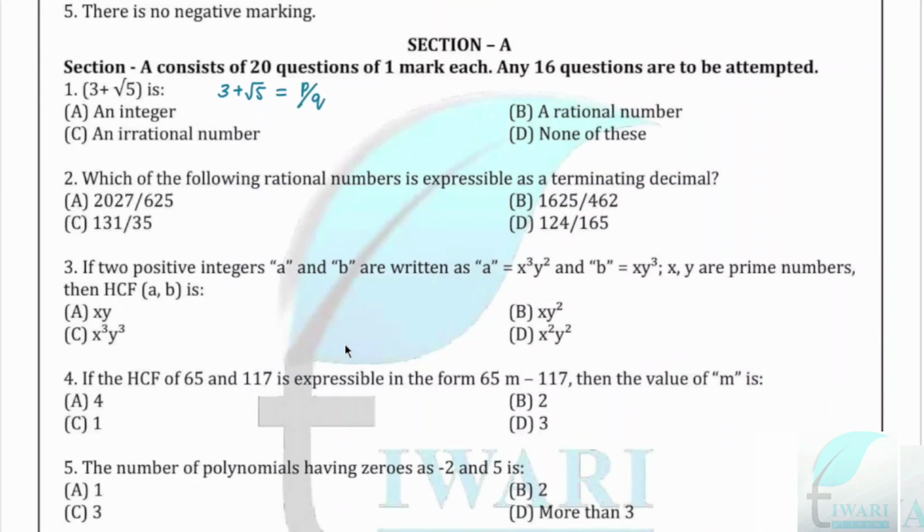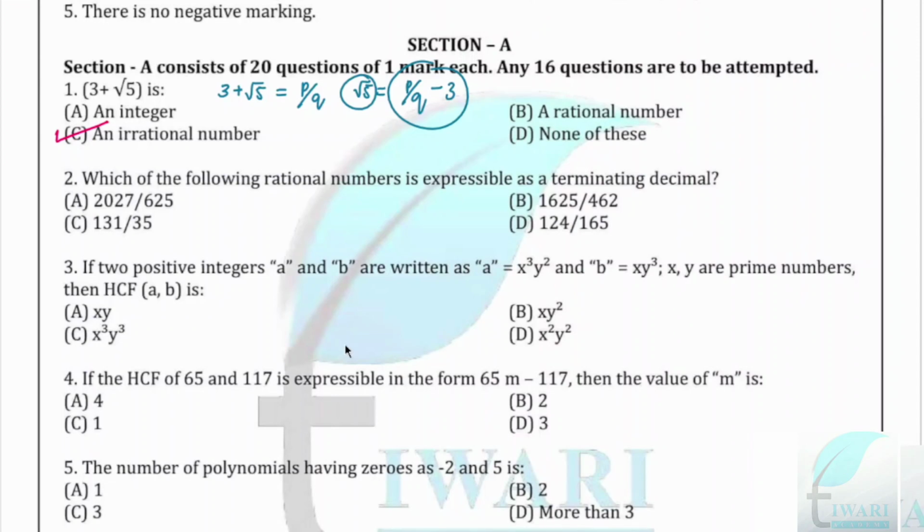If you separate this p by q and 3, that means we can write root 5 equals p by q minus 3. We know that root 5 is not a rational number, so p by q minus 3 will be an irrational number. So option C is the right answer.